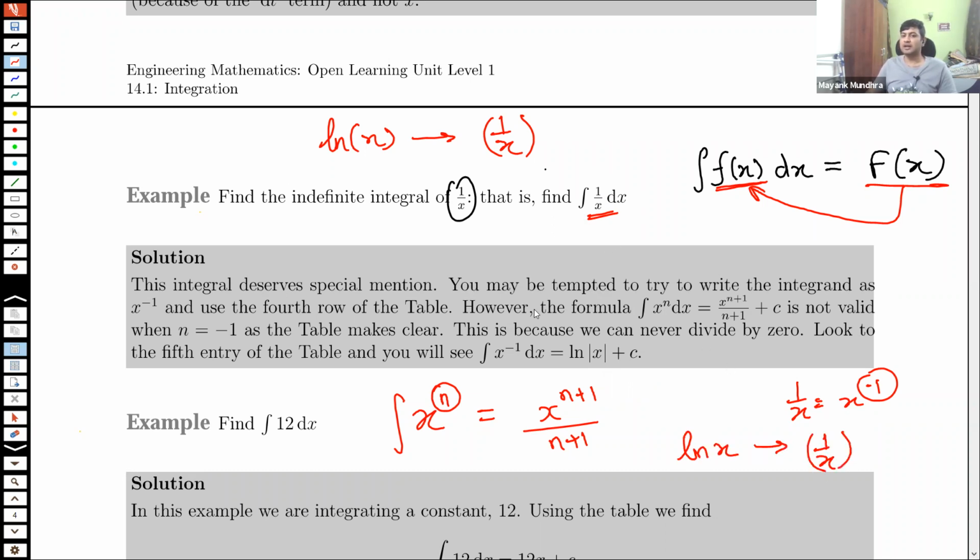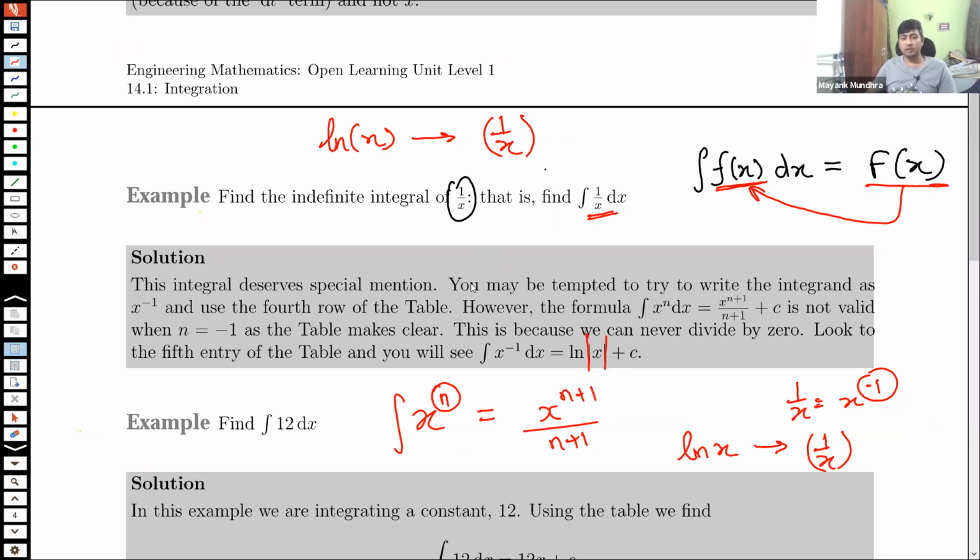So integration of 1 by x should be something like log of x. But the input of a log function has to be strictly positive. So that's why when I write this indefinite integral of 1 by x, I write log of mod x.